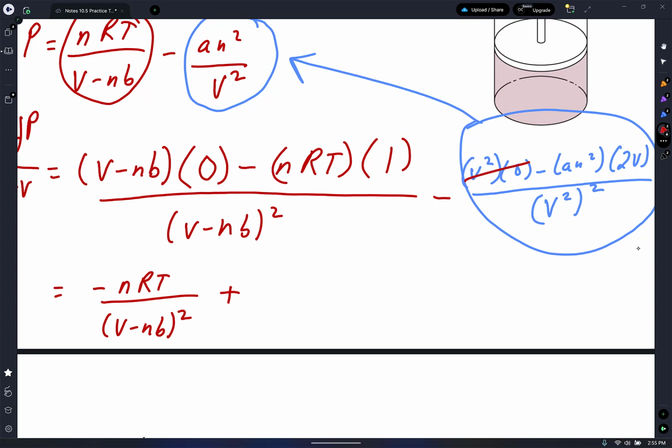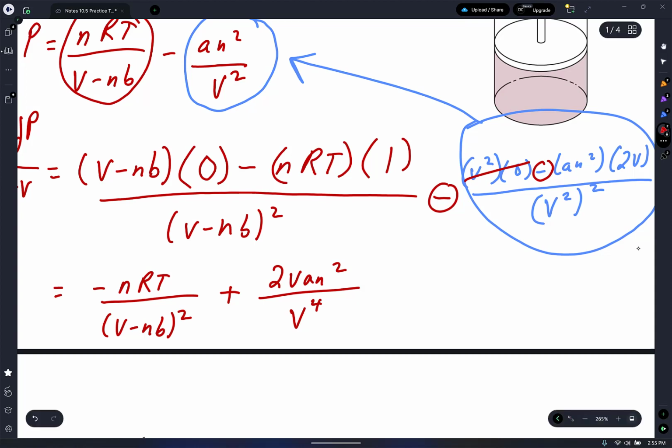That zero's out right there. And I have a negative and a negative. So negative times a negative is a positive, so 2V an squared over V to the fourth. Yeah, one of the V's cancels out, so it's V cubed.